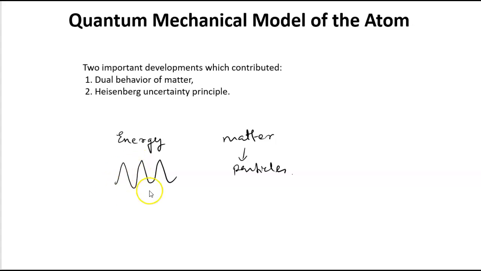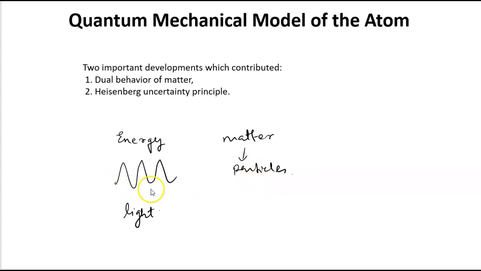And these waves have no mass, like light energy. You can take light energy as an example. It travels in the form of waves and it has no mass. Whereas matter around us is in the form of particles, and it is discontinuous. Energy is continuous in nature, and matter is discontinuous in the form of particles and has certain mass.